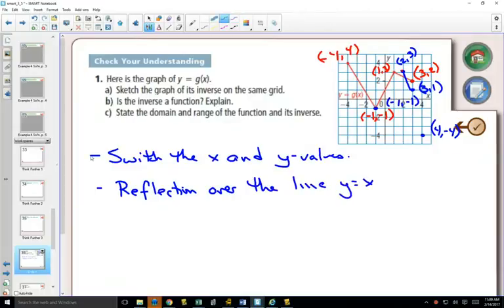So if I draw that as a dotted line here, I'll do it in green. Y equals x is a straight line. It's a diagonal line with a slope of 1 and a y-intercept of 0. And now if you can imagine taking that red graph and flipping it over that green line, it might make sense how to connect your dots better.